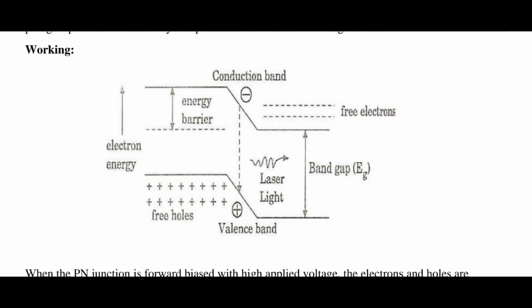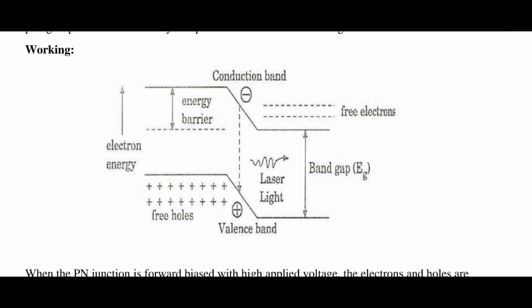The p-n junction is forward biased with a high applied voltage. Electrons and holes are injected into the junction. The region around the junction contains a large number of electrons in the conduction band and holes in the valence band. If the population is high, population inversion is achieved due to stimulated emission without the aid of a metastable state.